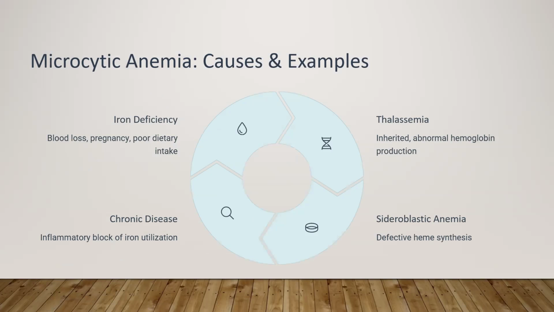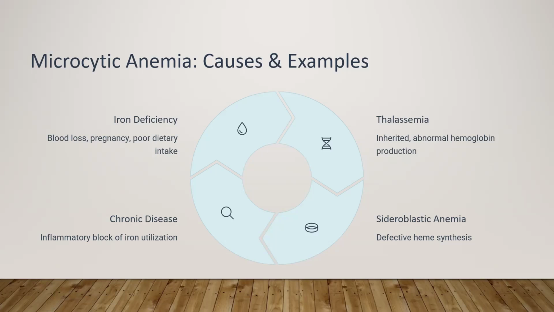So microcytic anemia could be due to iron deficiency anemia. Iron deficiency could happen for many reasons, either blood loss, increased demand during pregnancy, poor dietary intake, or malabsorption. You need to bear in mind all these causes and address them in your history of presenting illness.